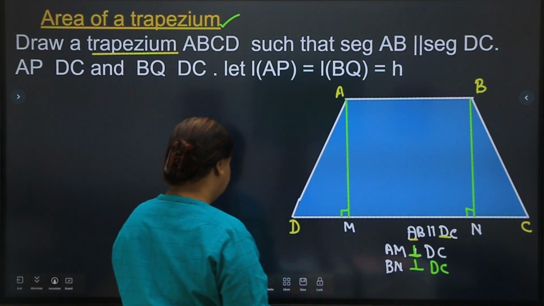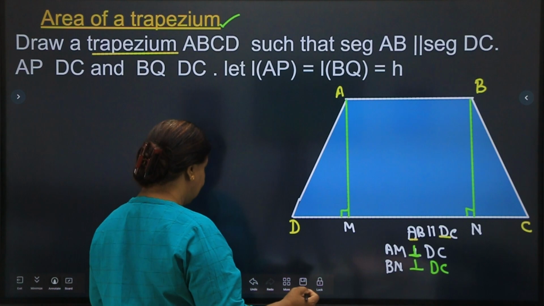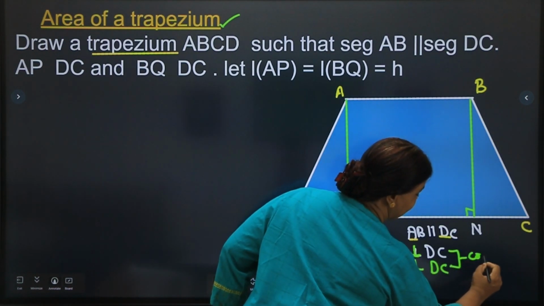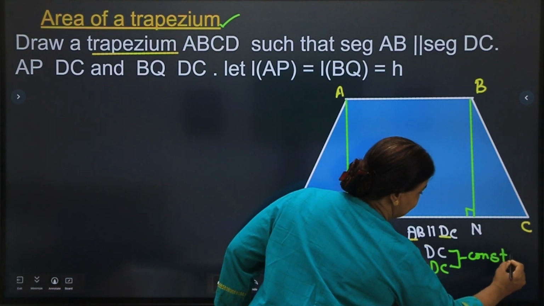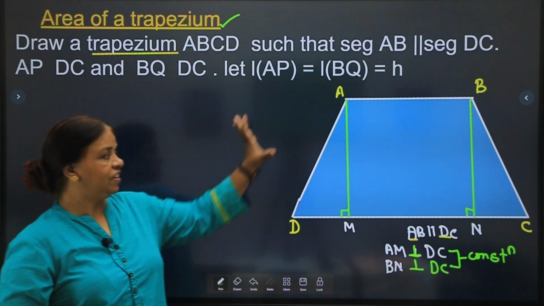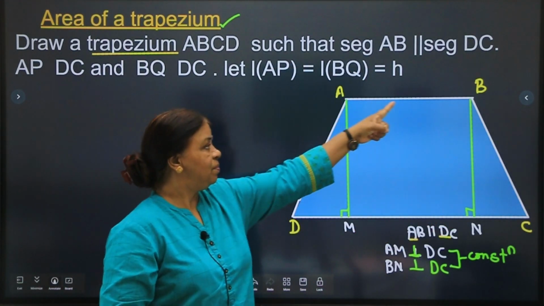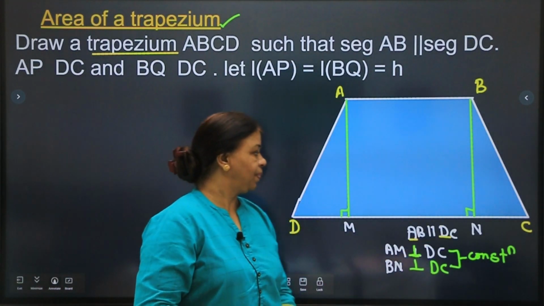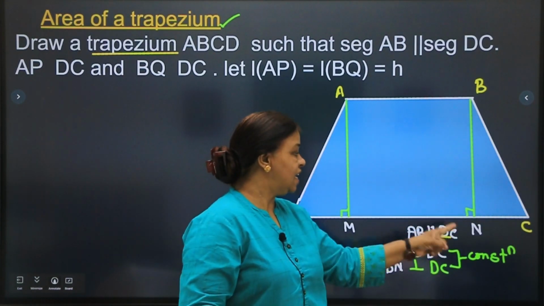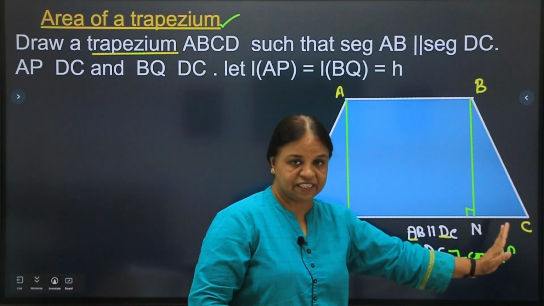And why? Because we have done construction. We have drawn construction like this, and therefore they are perpendicular. Is that clear? So in this figure you understood AB is parallel to DC, AM is perpendicular to DC, BN is also perpendicular to DC.